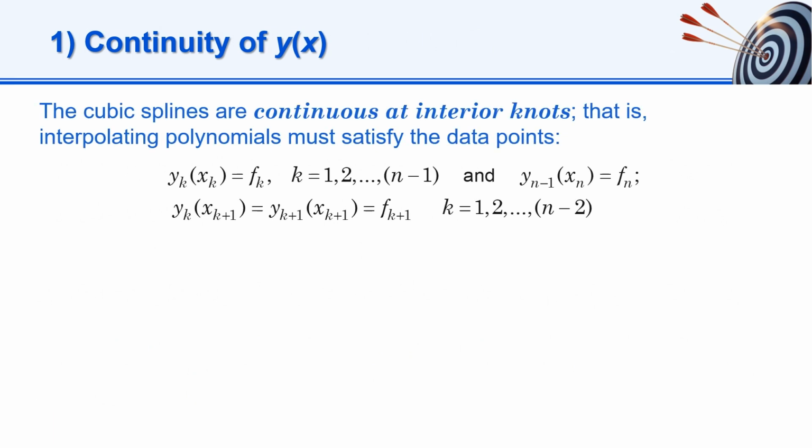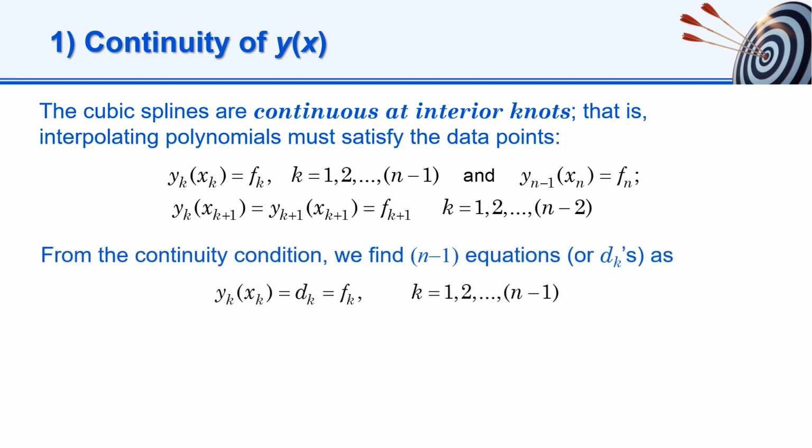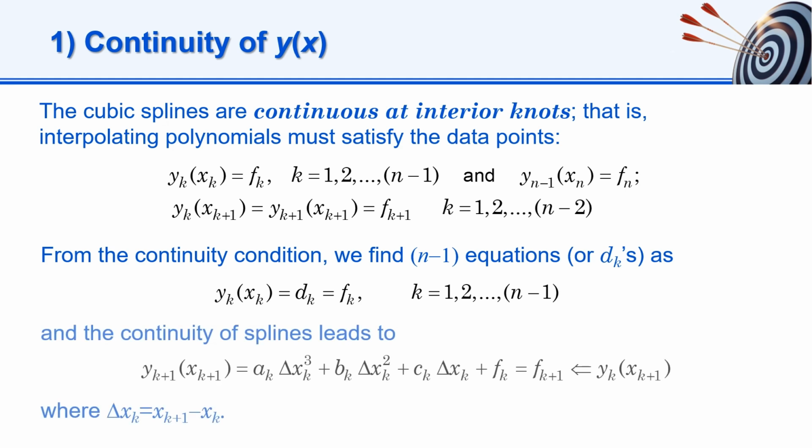Continuity of the function requires that the cubic splines are continuous at interior knots. That is, interpolating polynomials must satisfy the data points. From the continuity condition, we find n-1 equations, where the d_k's are equal to the ordinates. And the continuity of splines leads to the following equation, where delta x_k denotes x_(k+1) minus x_k.